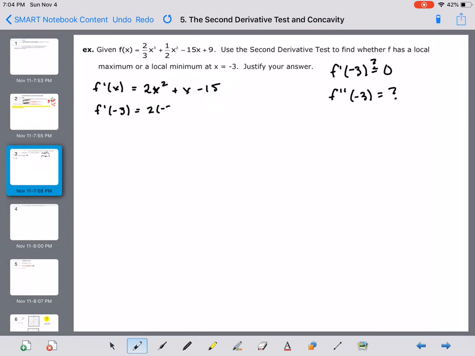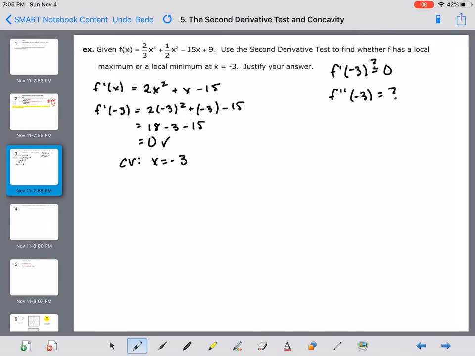So let's plug it in and calculate what that is. We get 18 minus 3 minus 15, which in fact is equal to 0. So that's a good thing for us because we have a critical value at x equals -3.